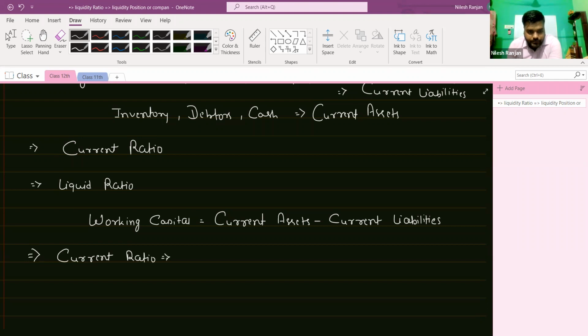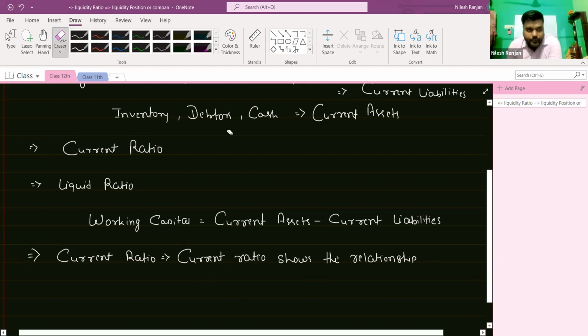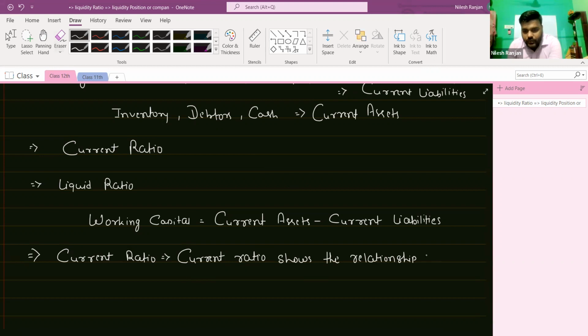Current ratio shows the relationship between current assets and current liabilities.